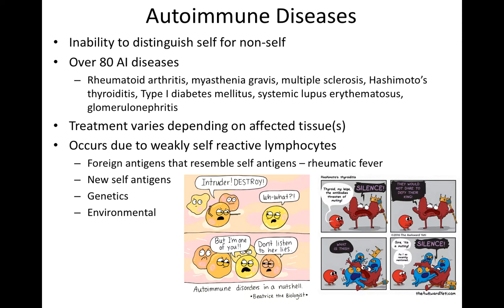So going along with this idea that there would need to be a genetic predisposition, let's talk about something like rheumatic fever. One of the scenarios is you run into a foreign antigen that really closely resembles a self-antigen. This can happen when somebody has strep throat.